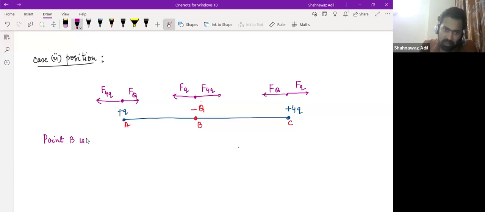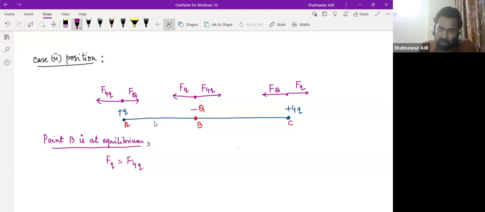Point B is at equilibrium, right? Yes, sir. Which means that we already know the condition FQ equals F4Q.